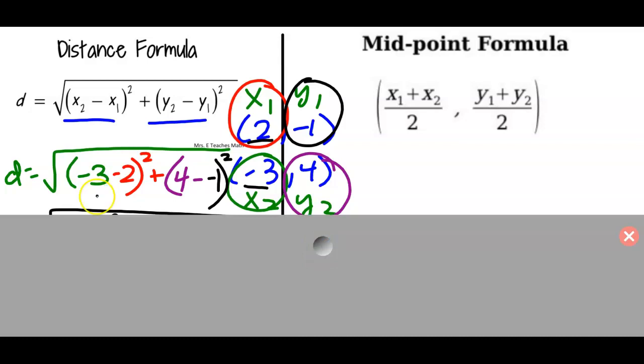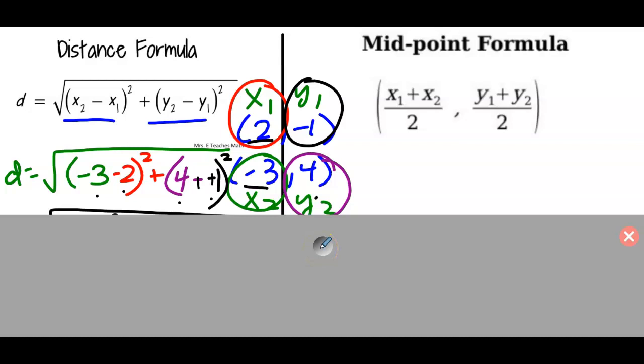Our -3 goes in for our x2. Our x1 is 2, okay? Our 4 comes from our y2. And our -1 comes from our y1. Remember, we need to change that to plus because we have a minus a negative.